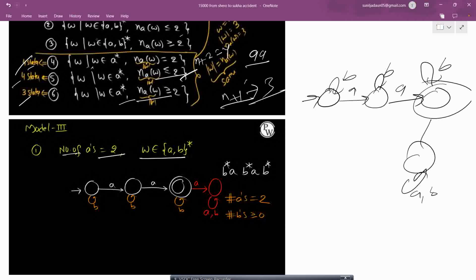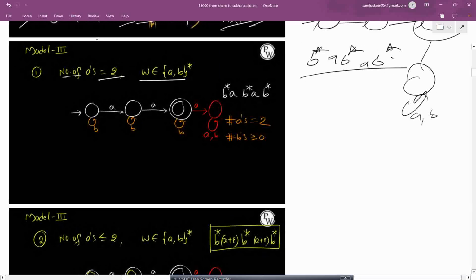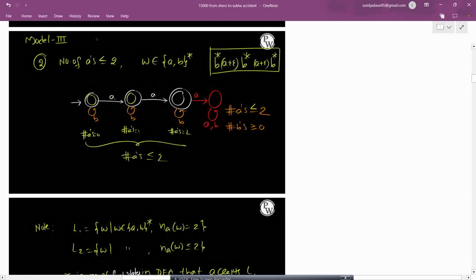In this we also can say B*AB*AB* also. This is the way to do it. Alright. So in model 3, number of A's is less than or equal to 2. How can we do that? If number of A's is 0, we will accept, right?